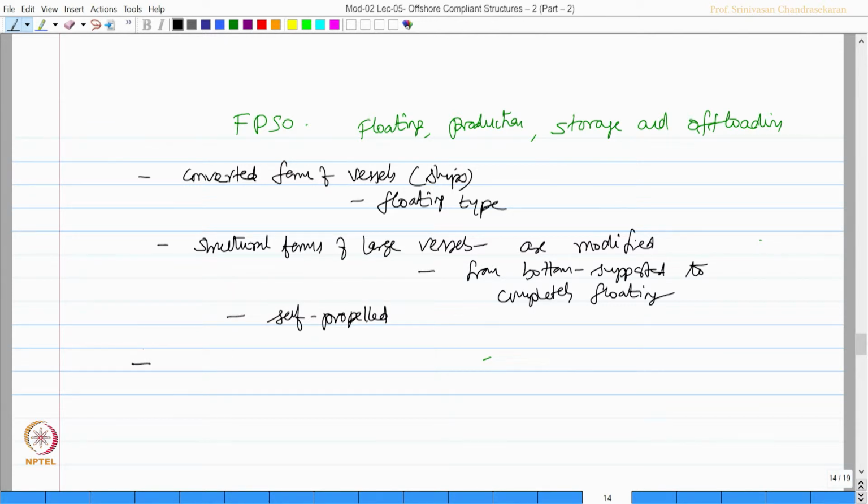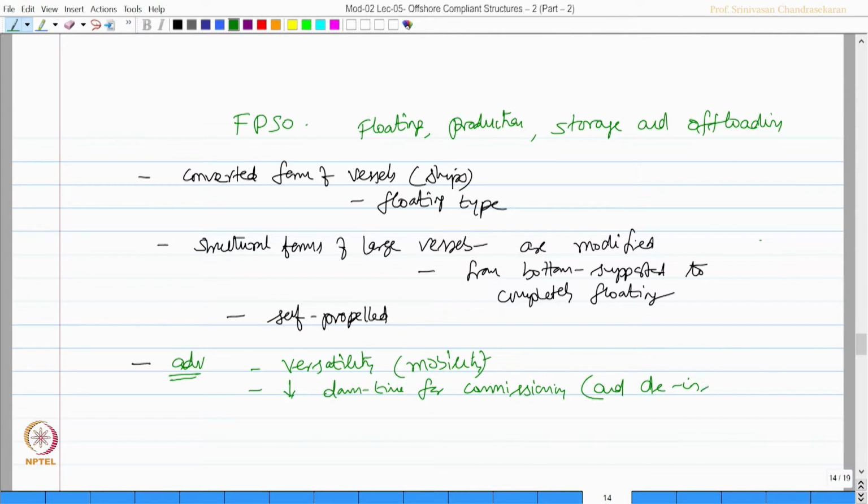Therefore, this has got a very great advantage. The great advantage is they have high versatility, that is mobility. Two, they have decreased the downtime for commissioning and of course, for deinstallation as well if necessary.